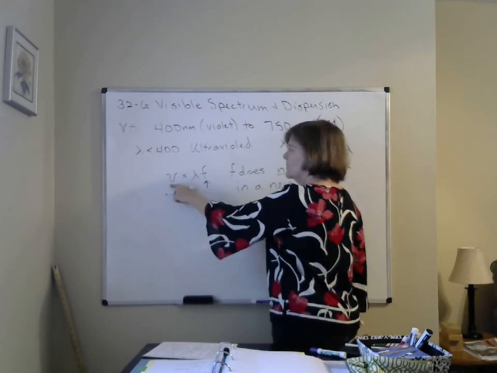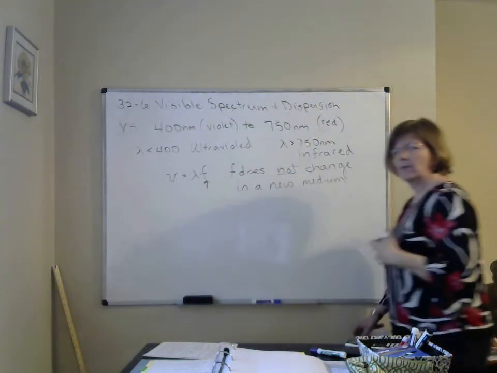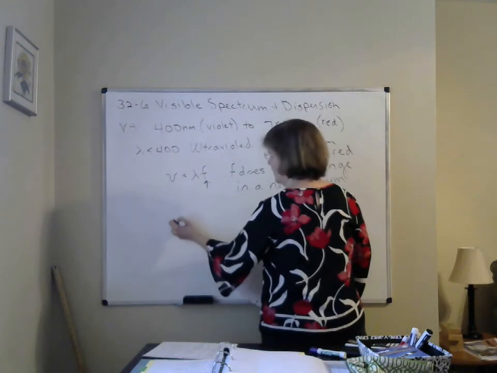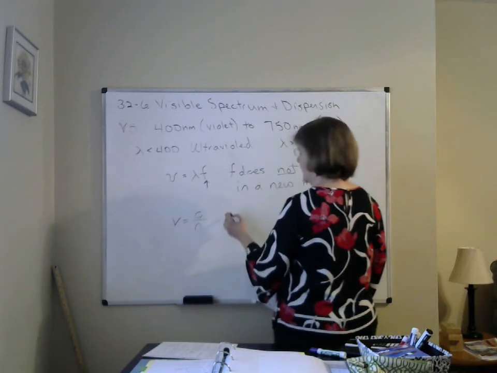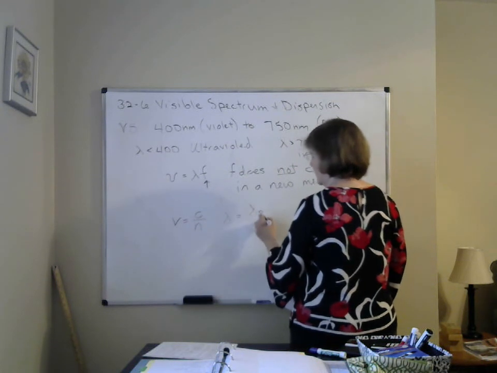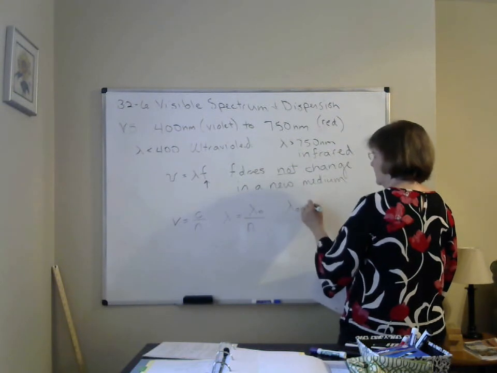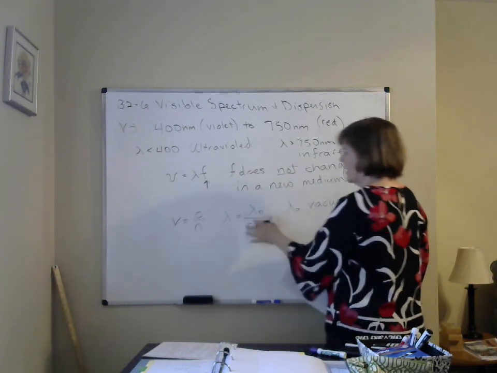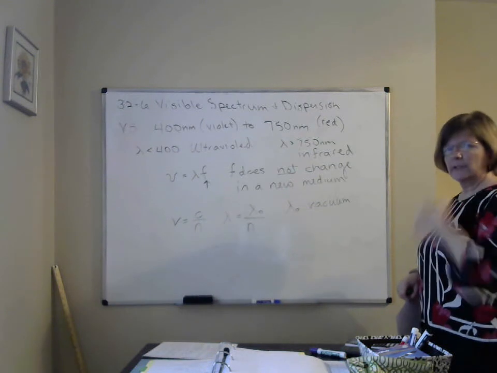Well, if it travels more slowly by a factor of n, the wavelength also has to be reduced by a factor of n. So we know that the velocity is c over n in this new medium, and the wavelength is lambda 0 over n, where lambda 0 is the wavelength in a vacuum. As soon as it travels into a new medium, it slows down, and the result is a different wavelength.